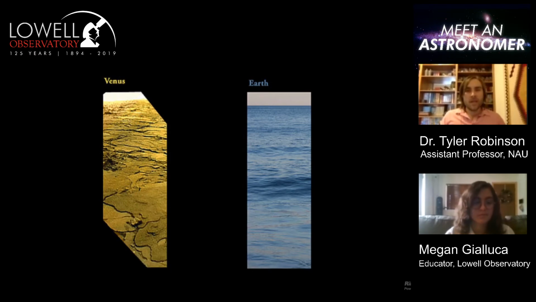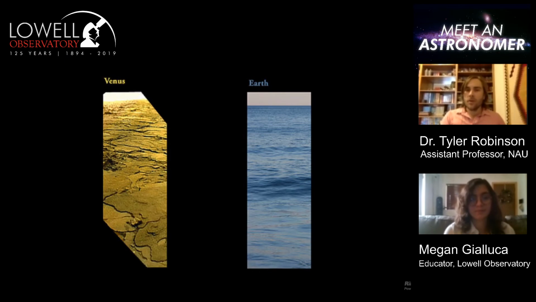So our sister planet in our planetary system, Venus, has roughly the same mass as our Earth, has roughly the same size as our Earth, but has a surface that is a hellish landscape. So the temperatures at the surface of Venus are about 900 degrees Fahrenheit, and that's hotter than your oven set to self-clean, so not a habitable environment, but the same size and the same mass as our Earth.